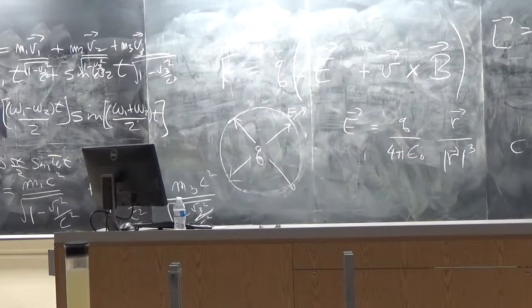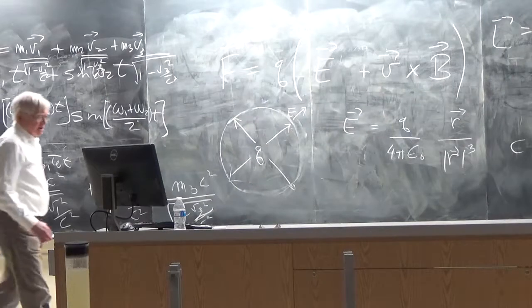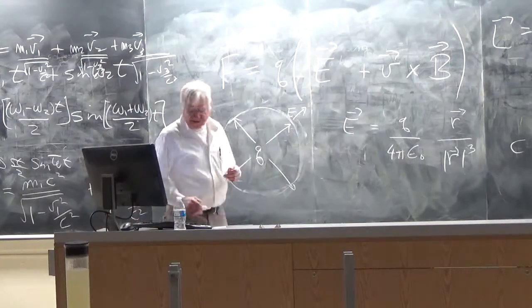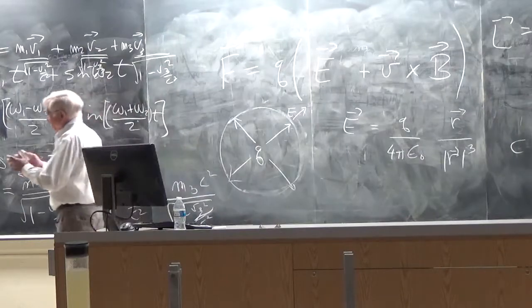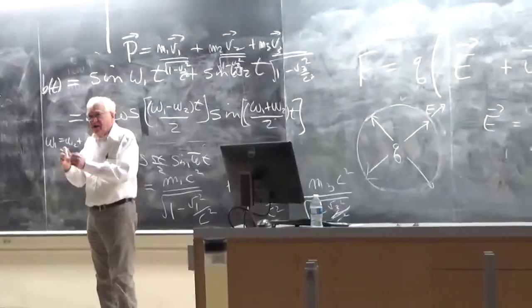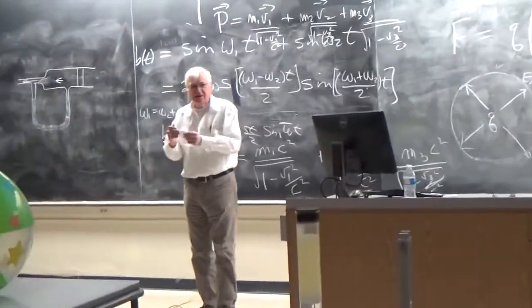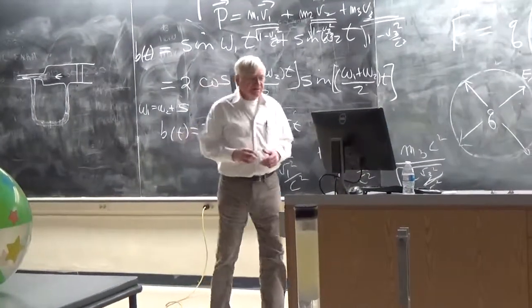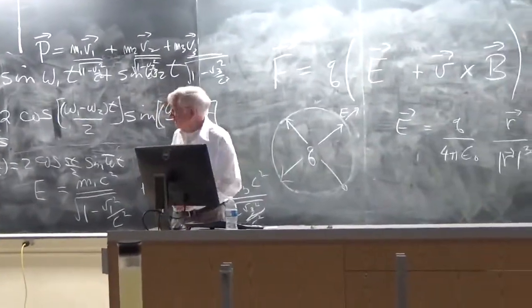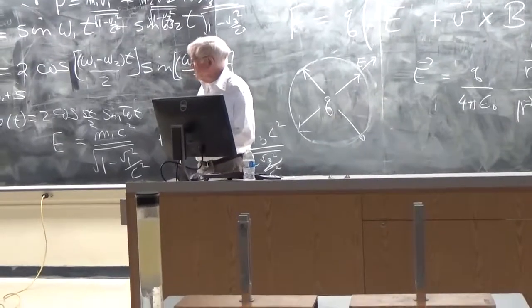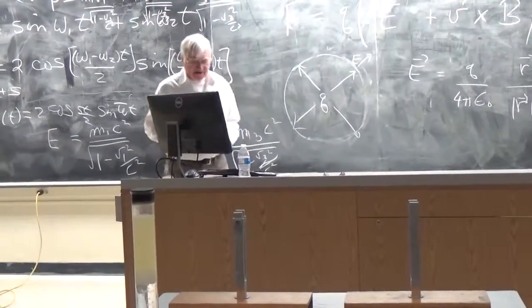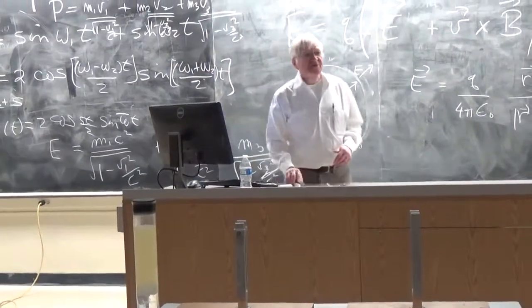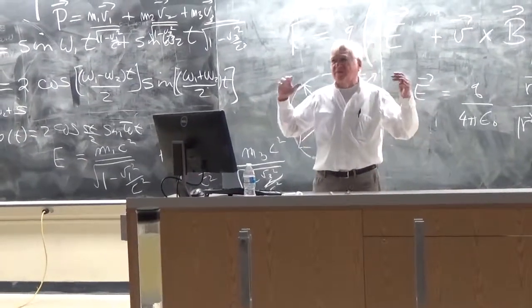Planck's constant, you remember, is very, very small. This is called phase space, volume in momentum space times volume in position space. Phase space divided by Planck's constant cubed, that's the number of states that you can put there. That's the number of orbital states.